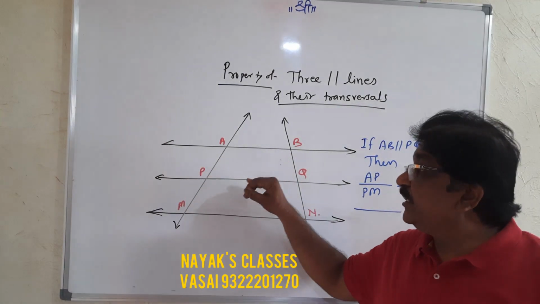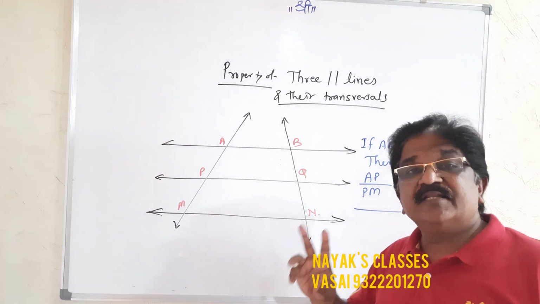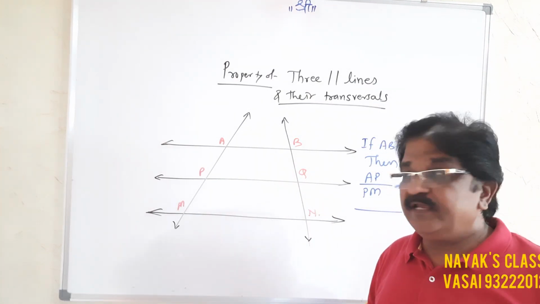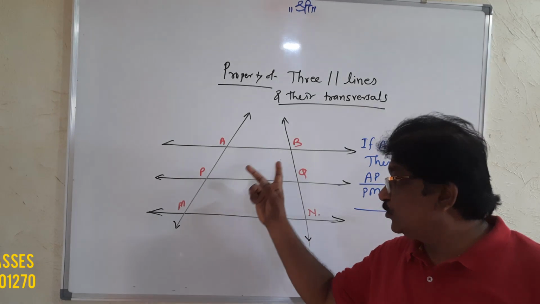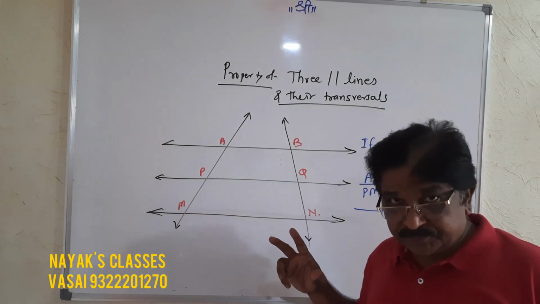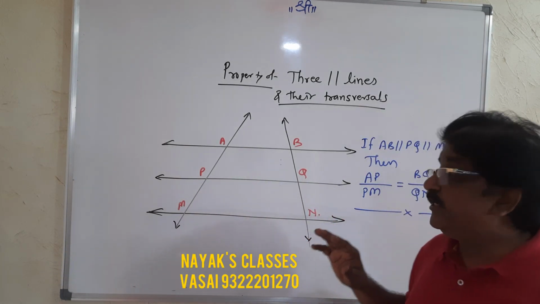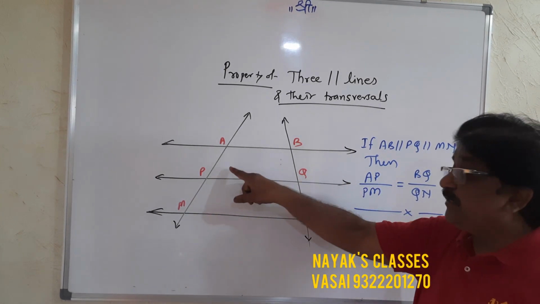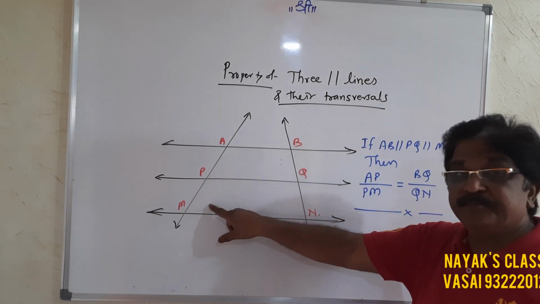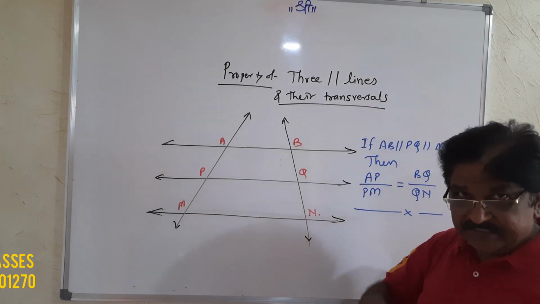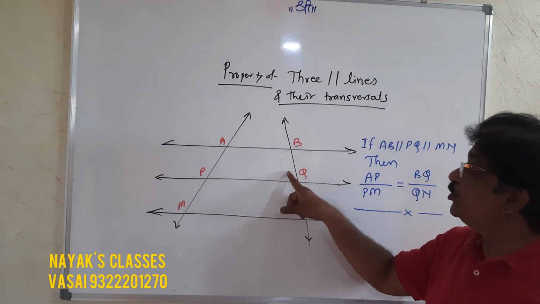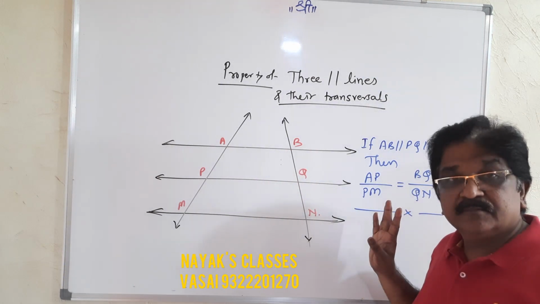If these three lines are parallel to each other and there are two transversals making intercepts 1, 2, 3, 4, then the ratio AP upon PM is always equal to BQ upon QN.